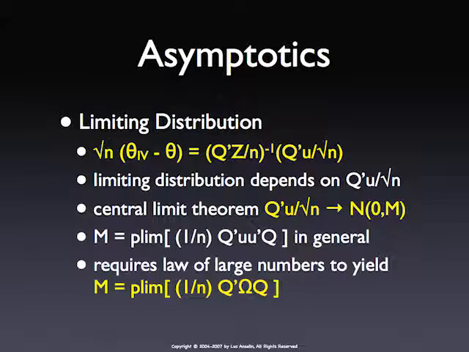Then we're in business, because then we can act again as if theta IV is a random variable. Because then we flip everything around and we go back to the original. So if the difference between these two is normal with mean zero and variance m, what is theta IV by itself?